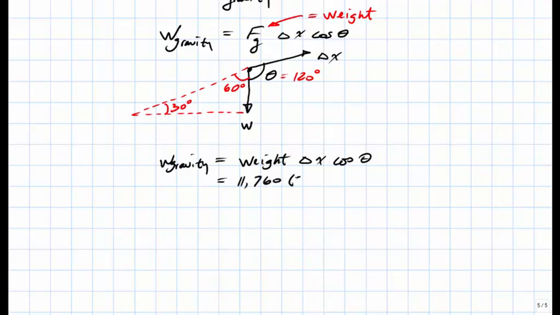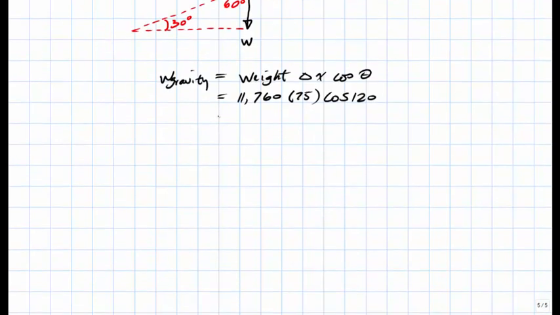The displacement was 75 meters, and the angle we just determined equals 120 degrees, and therefore the work done by gravity equals negative 441,000. And the units, of course, for work are joules.